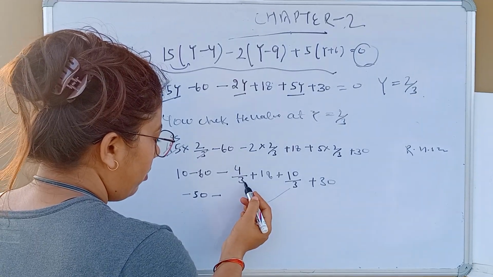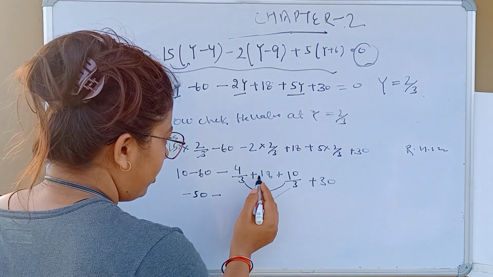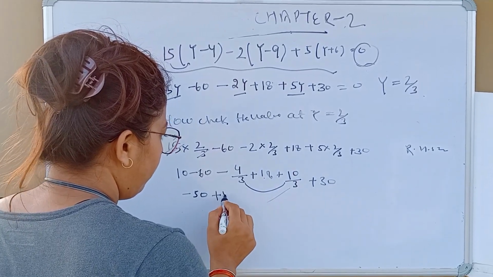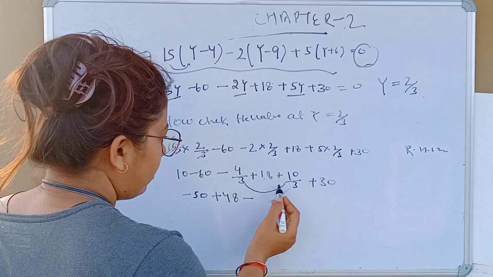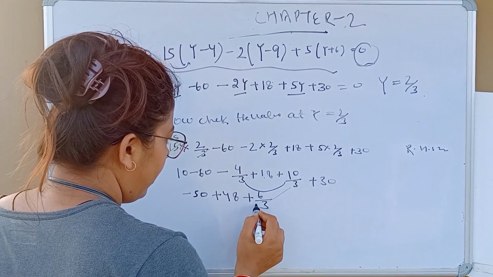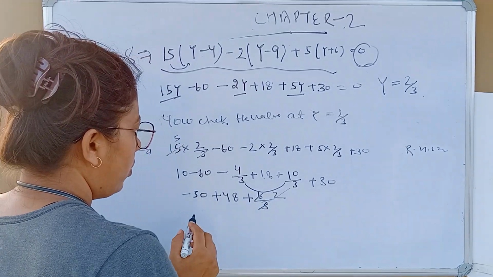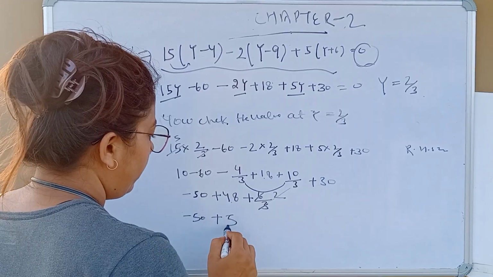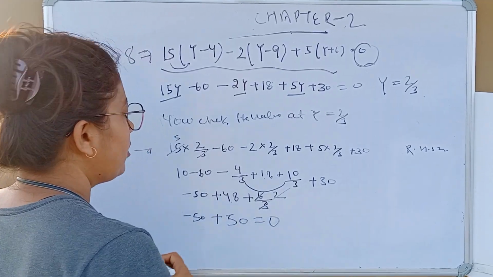And take both rational numbers at one place. So 18 plus 30 is equal to 48. And when we take 3, minus 4 plus 10, that is plus 6 divided by 3, that is 2. So minus 50 plus 48 plus 2 is equal to 50. So minus 50 plus 50 is equal to 0.